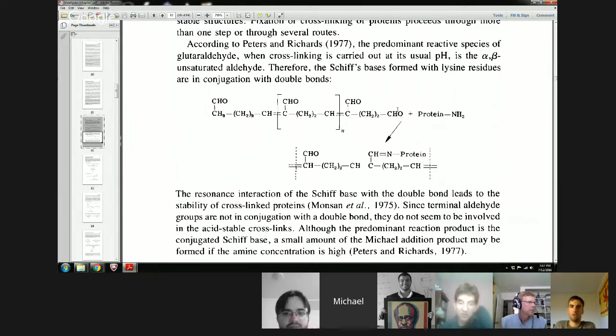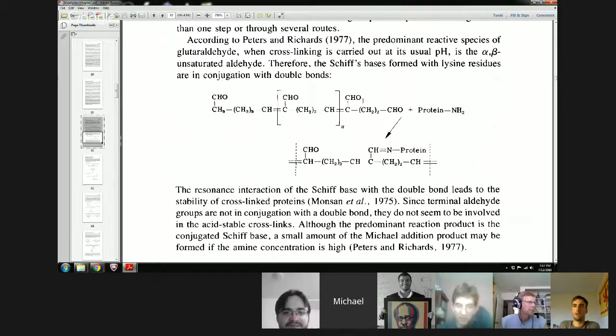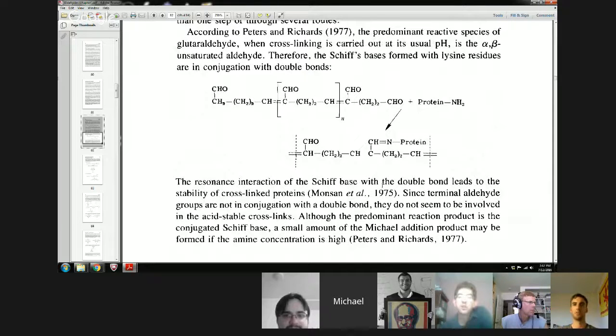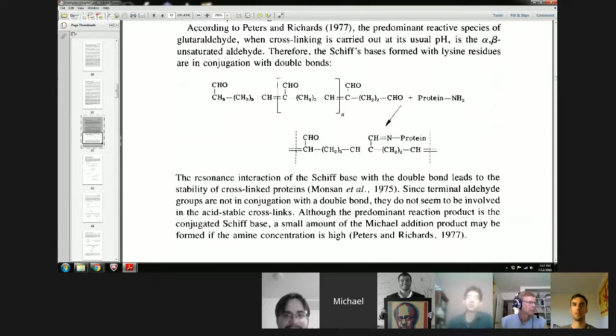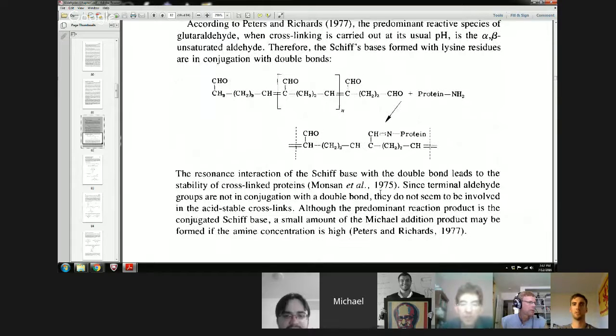This is the terminal aldehyde, and it's not that, because that's a reversible reaction. So what it is, the protein is binding to a carboxyl group in the middle of this long polymer, not on the end, and somehow maybe that's a more stable bond. So that's what they're suggesting.